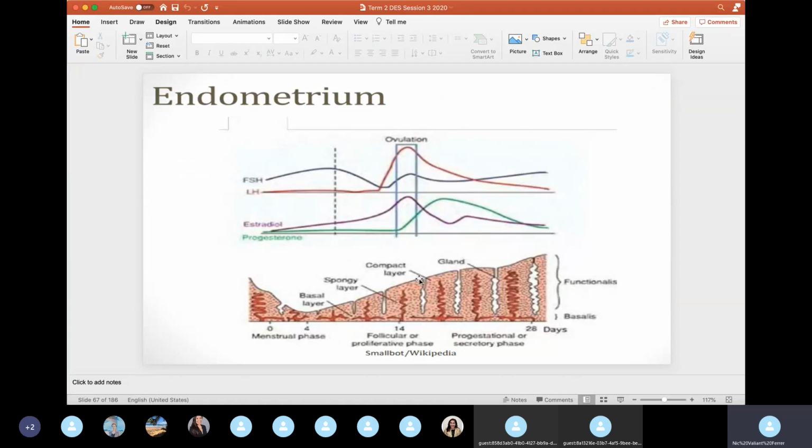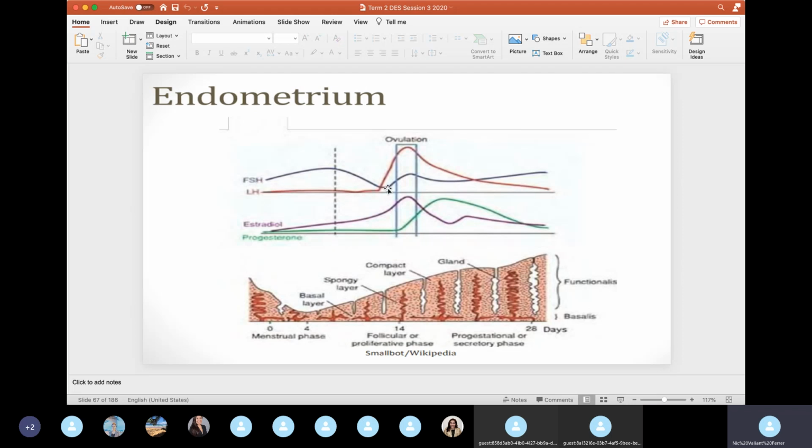So let's talk about this one. This is high yield, endometrium. Two cycles. You have the ovarian cycle, and you have the menstrual cycle. So let's look at the ovarian cycle. In the ovarian cycle, you have an increase in FSH. Look at the blue line here.